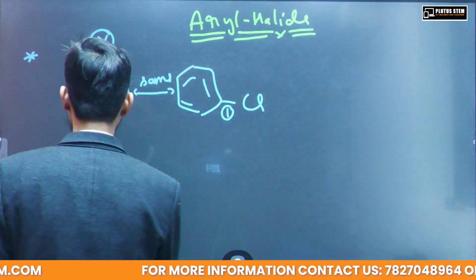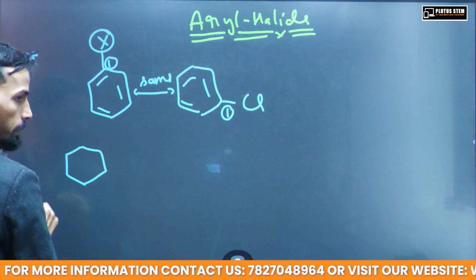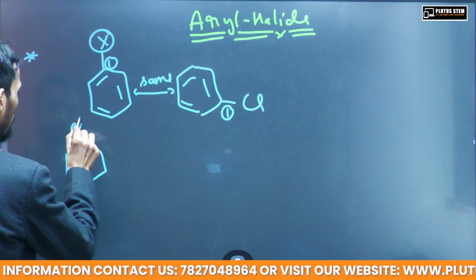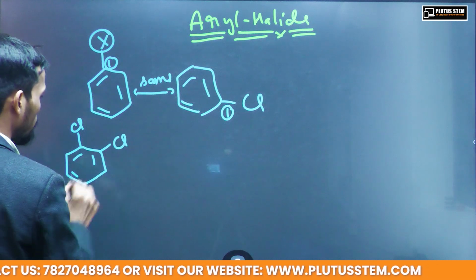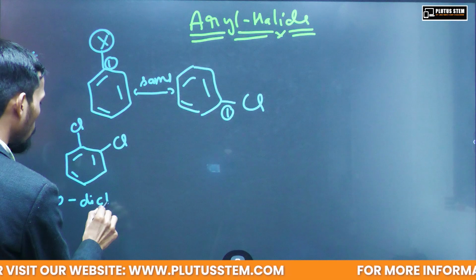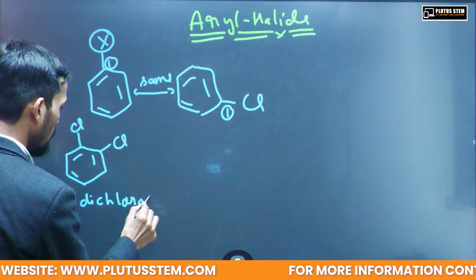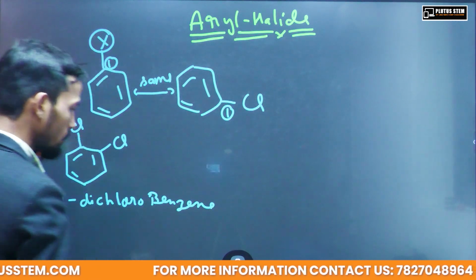If we are having a dihalo compound, this one and this one, it is ortho dichlorobenzene. Yes or no?